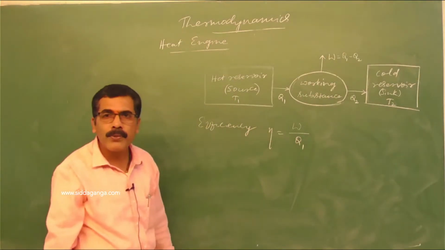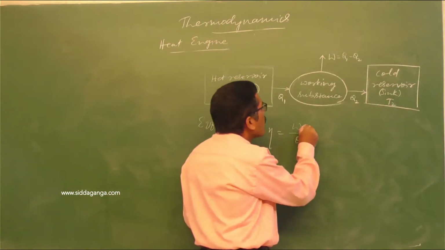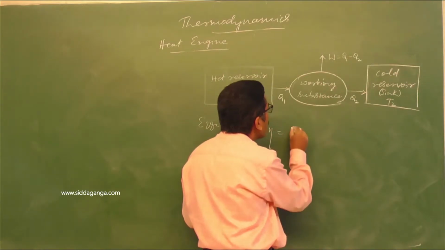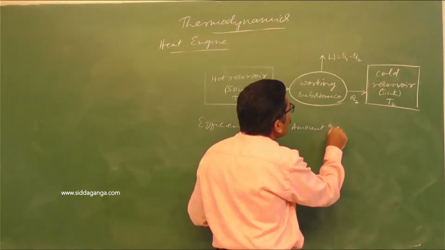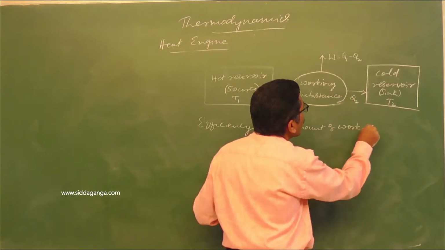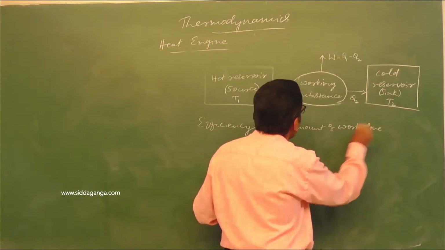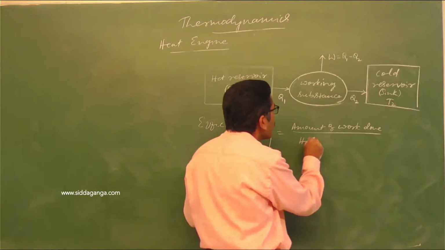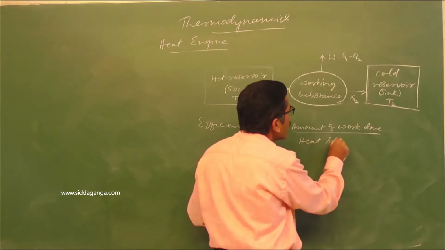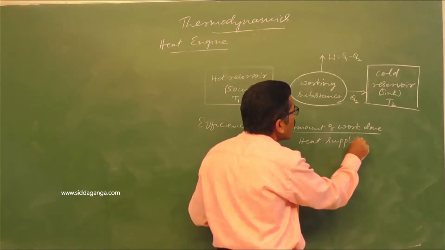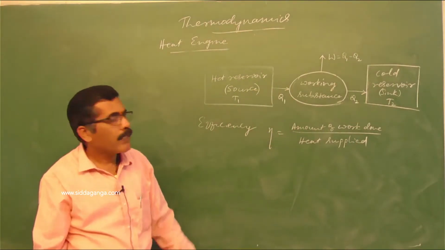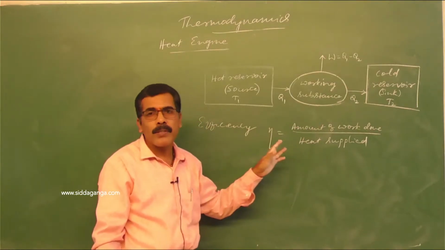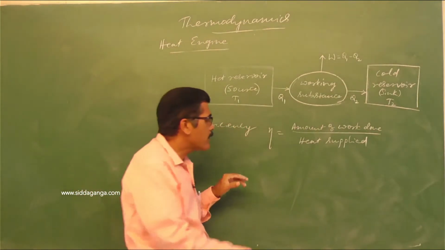When you take the ratio of the amount of work done to heat supplied, it is always a constant, and that is what we call efficiency.